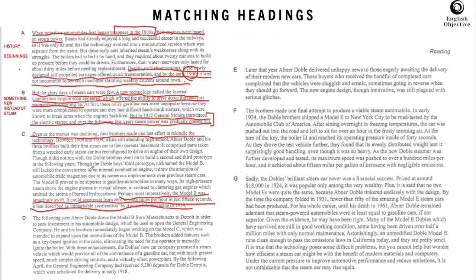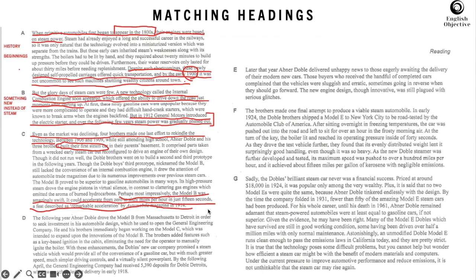Sometimes it's also very important to zigzag in the middle of the paragraph. So basically, the last effort to rekindle the technology was to build the first steam car, and that was the model. And so it means that there was a new invention of the steam car.